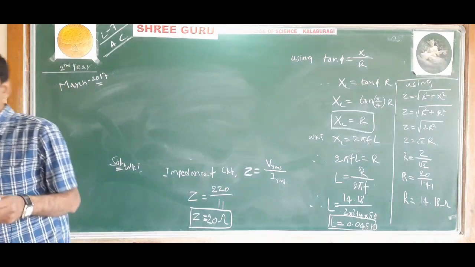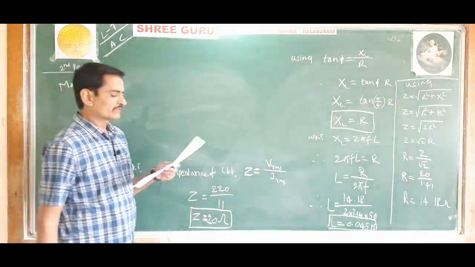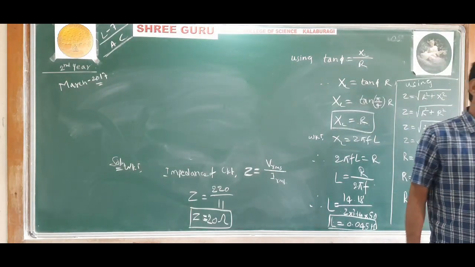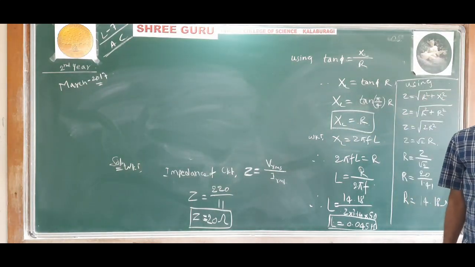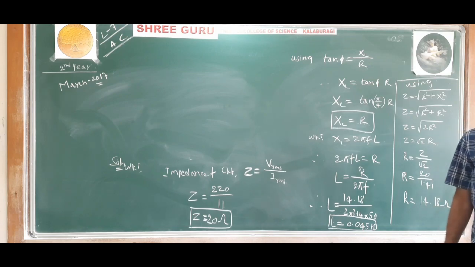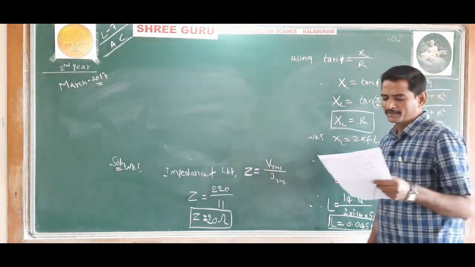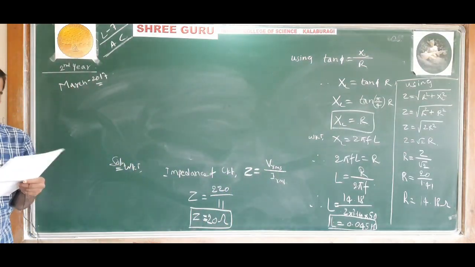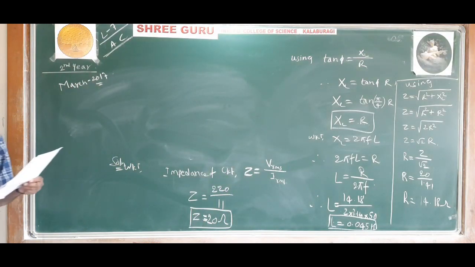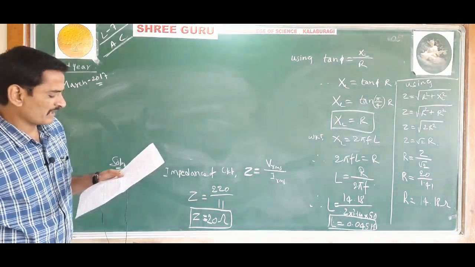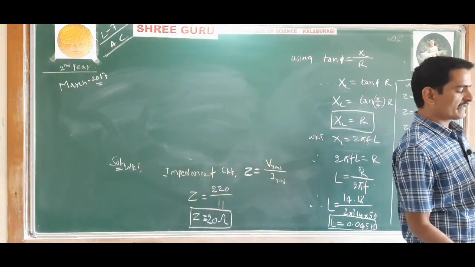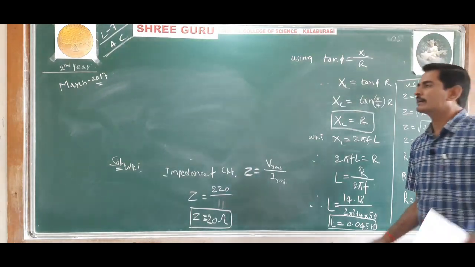Once again I will read the sentence. A source of alternating EMF of 220 volt, 50 hertz is connected in series with a resistance of 200 ohm, an inductance of 100 millihenry and a capacitance of 30 microfarad. Does the current lead or lag the voltage, and by what angle?